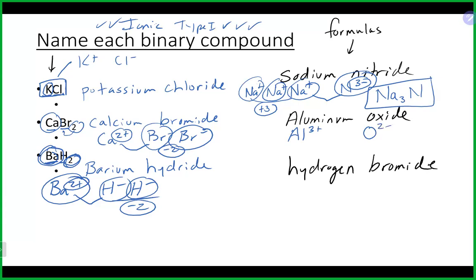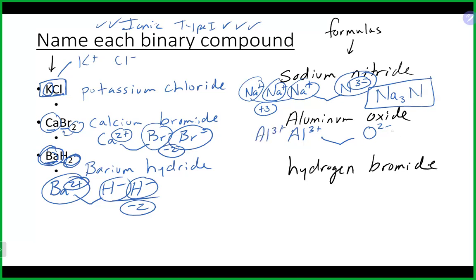Once again, remember it goes +1, +2, +3, skip, -3, -2, -1, groups 5, 6, 7. If I put these together, I am not going to get to 0. I want a common number that gets me to 0. The simplest way is to multiply the two numbers together: 3 times 2 is 6. To get my aluminum to 6, how many do I need? Not 1, but 2.